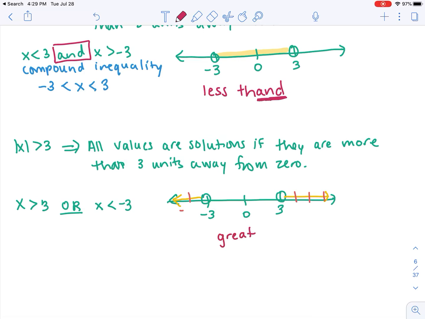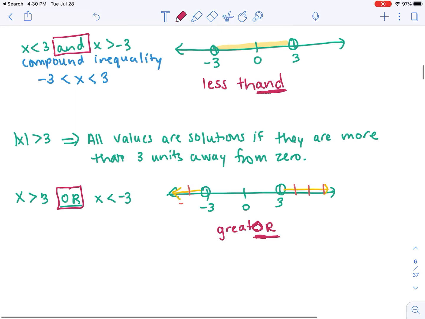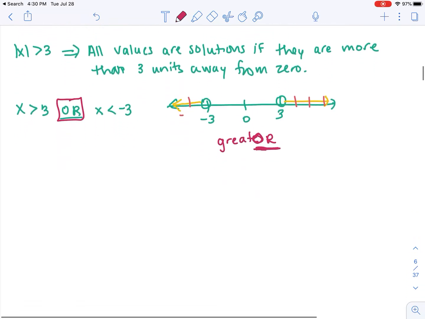Versus greater: instead of thinking of greater as ER, I'm going to replace the E with the O and then end it with the R. So the keyword or is repeated over here between the two inequalities. That's one little trick you can use to remember the difference.